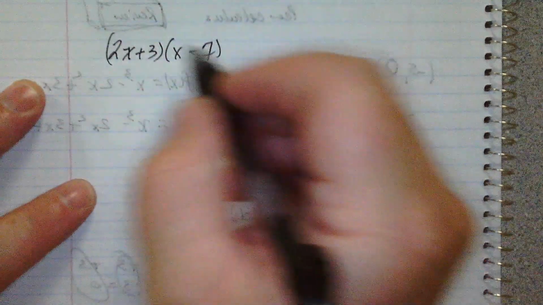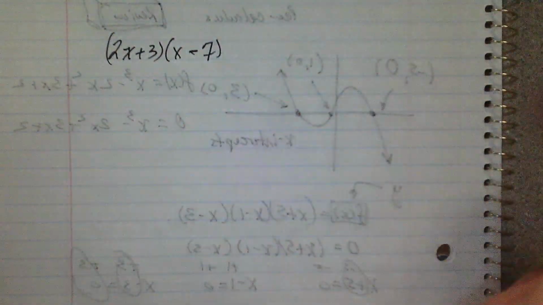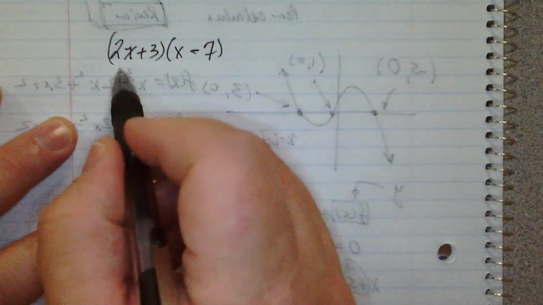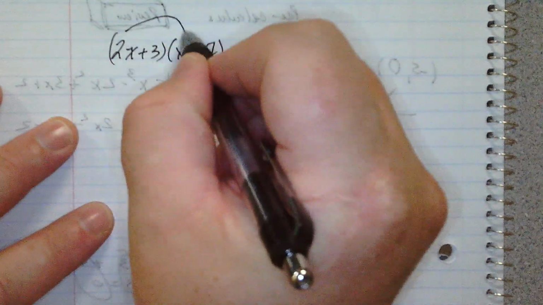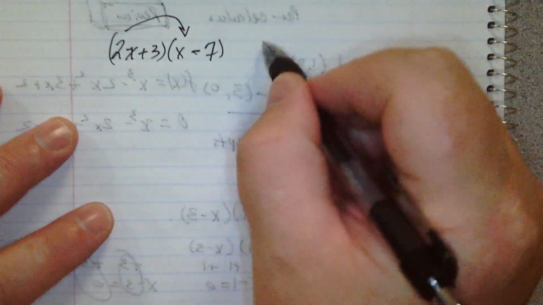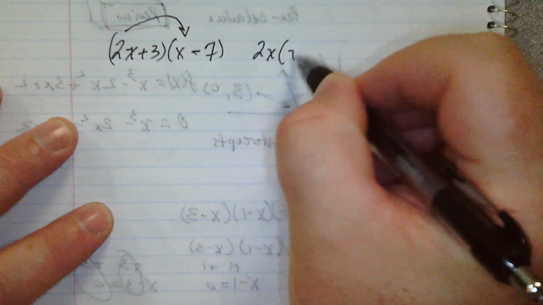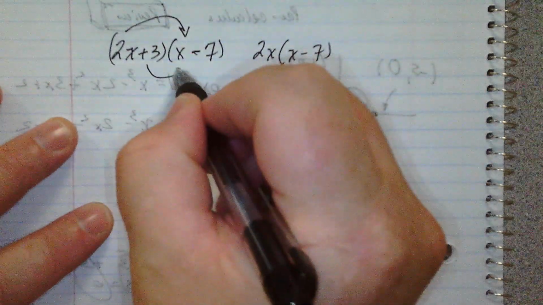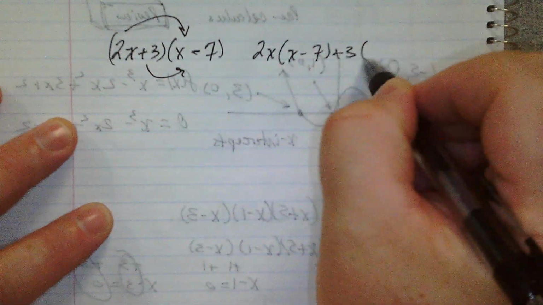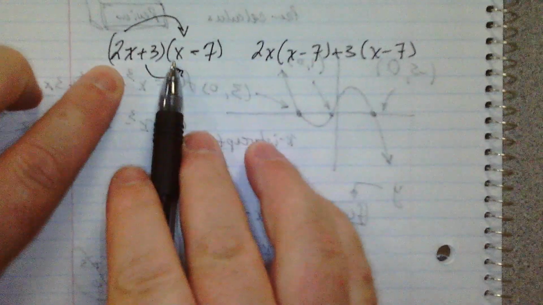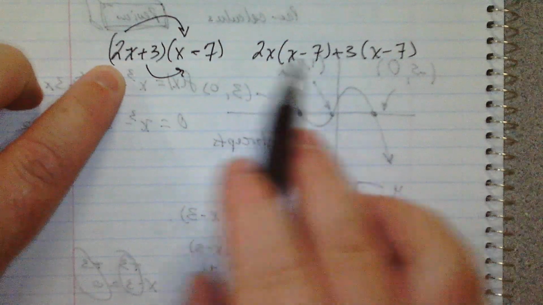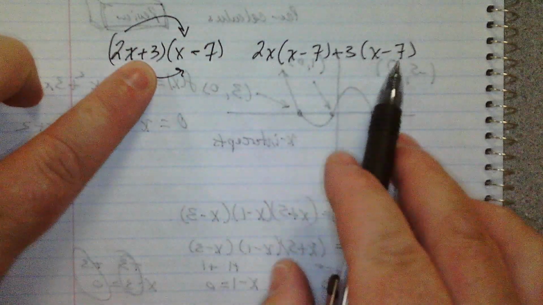The way you multiply this, if you were going to write the whole thing out, not using a shortcut, this means everything over here times everything over here. So it would be 2x times x minus 7, and then plus 3 times x minus 7.